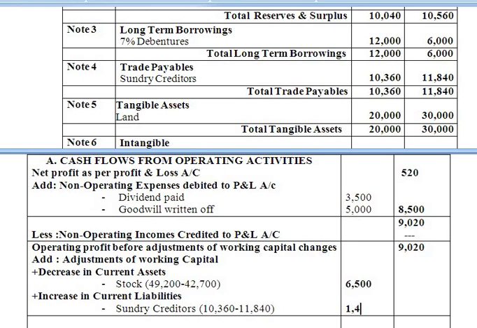So 1,480 is the increase in sundry creditors.